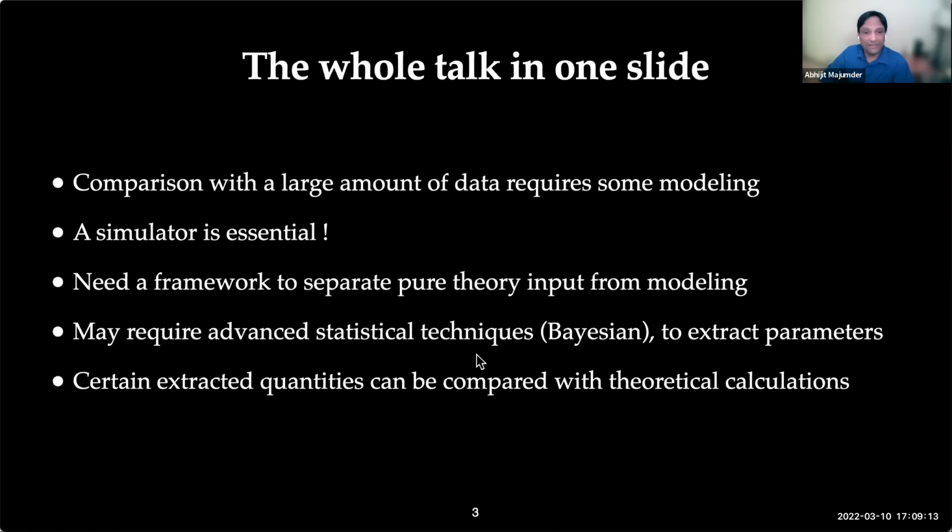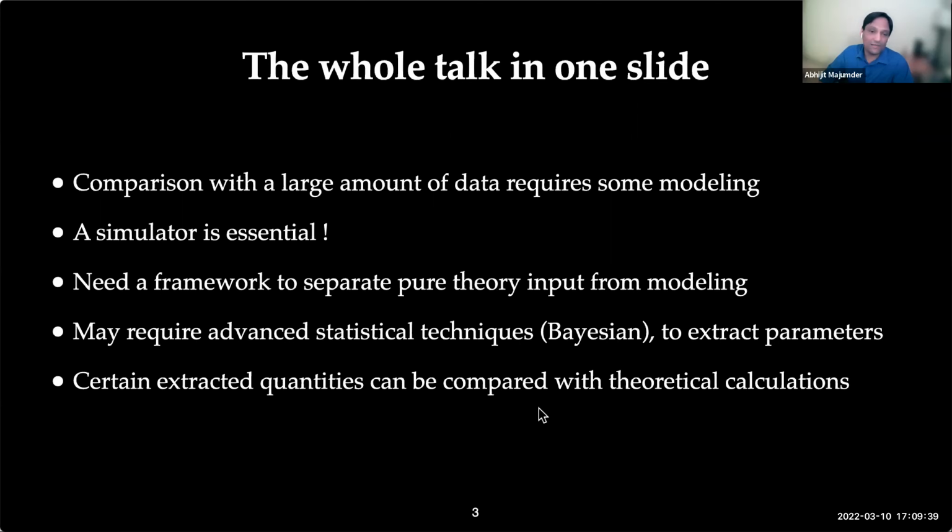Whenever you have a large amount of data and extensive theoretical framework, there are going to be parameters, some of which are actual information that you want to extract, and some of which are just parameters that came in because some part of the physics was not completely clear and you needed to settle that.